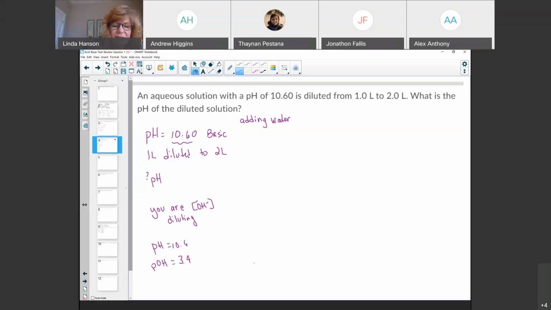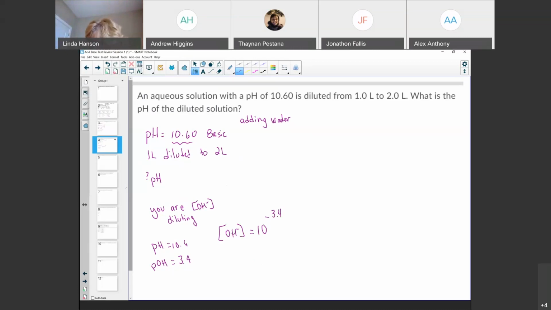So the concentration of hydroxide is 10 raised to the negative 3.4. So I took my pH, converted to pOH, and I'm working out to find the concentration of the base ion.